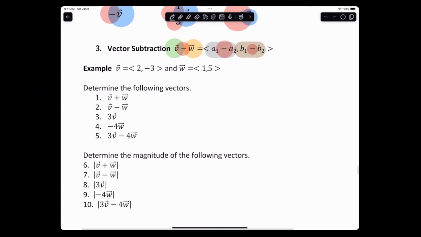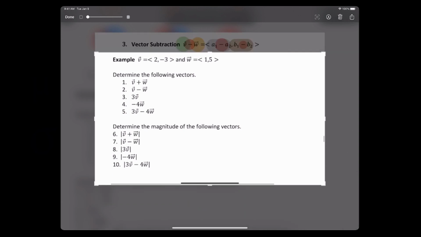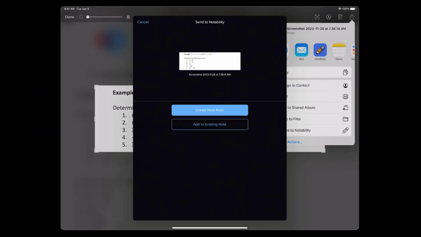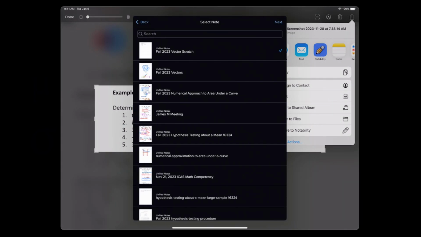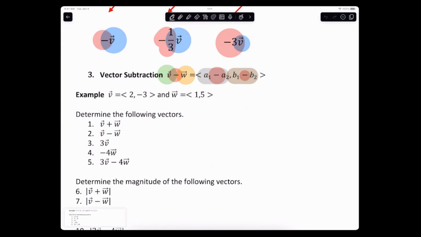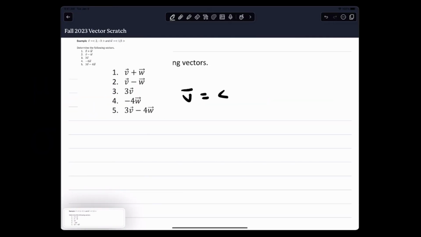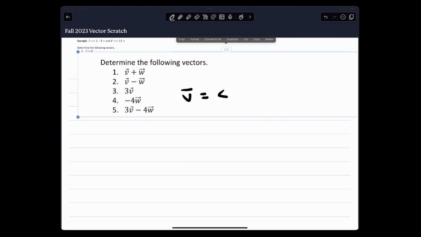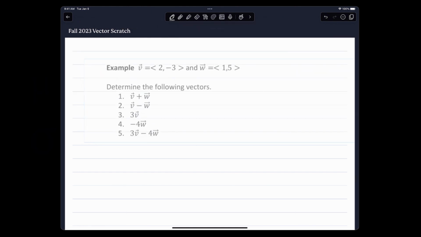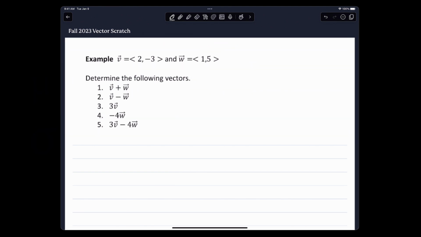Let's do that. All right, that's a lot better. What do you guys think?